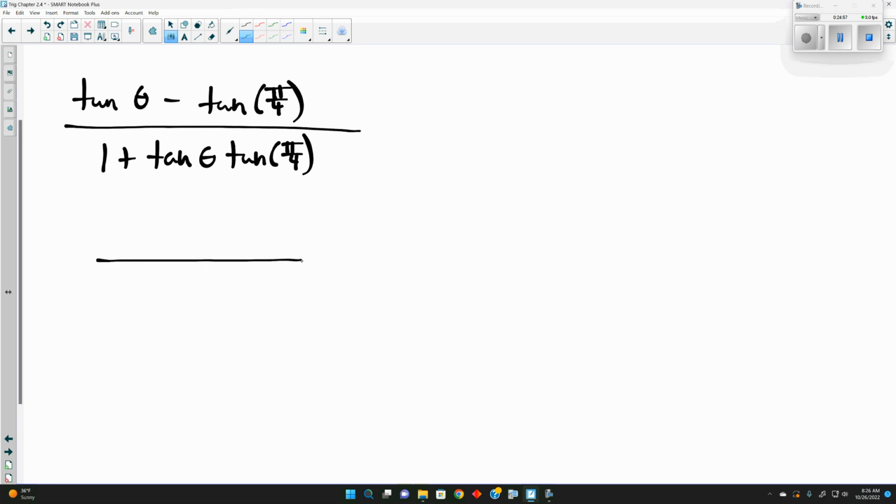So again, we're just plugging these into the formula for u and v, because u is going to be theta and v is going to be pi over 4.